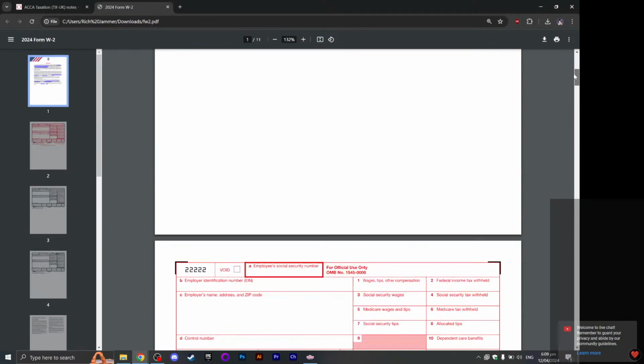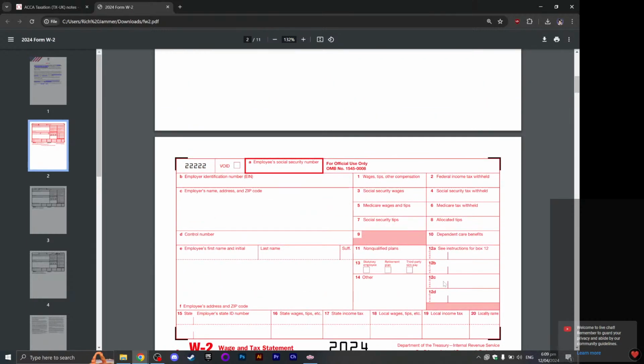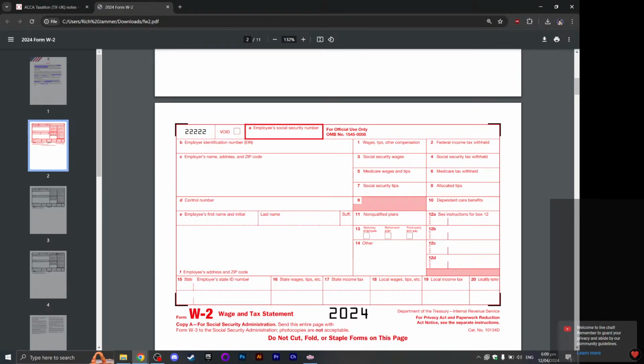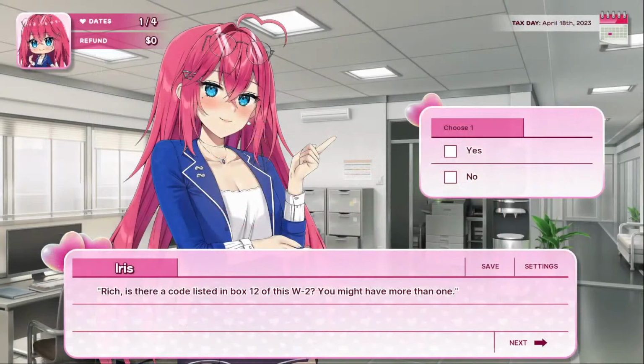So where's box 12? Here's box 12. I have no idea. Social Security. Okay, whatever. Let's put it back to the game.